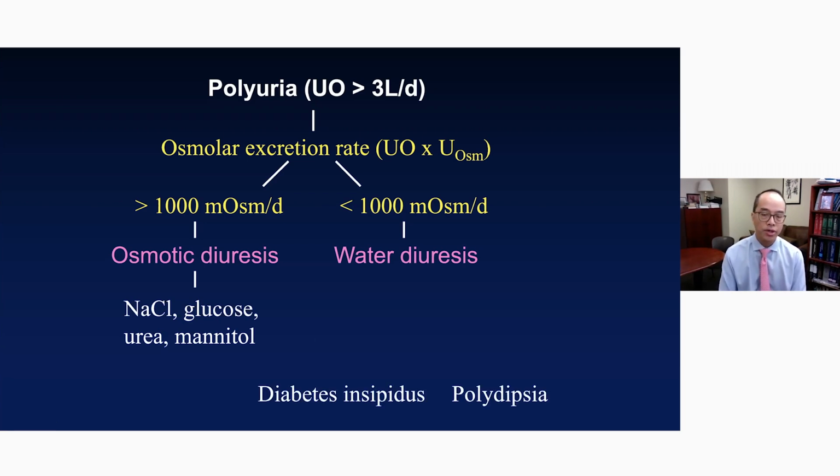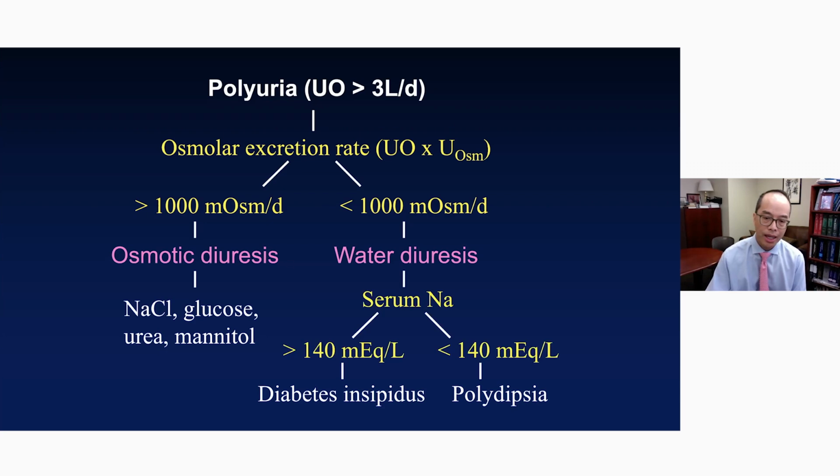Now, water diuresis can occur either because the patient is taking in extra water, which we call polydipsia, or because the kidneys are unable to concentrate their urine, which is called diabetes insipidus. We can distinguish these with the serum sodium: polydipsia tends to drop the serum sodium, whereas diabetes insipidus would tend to increase the serum sodium.